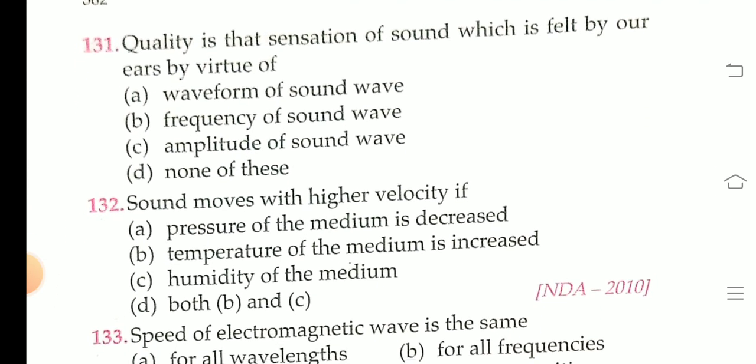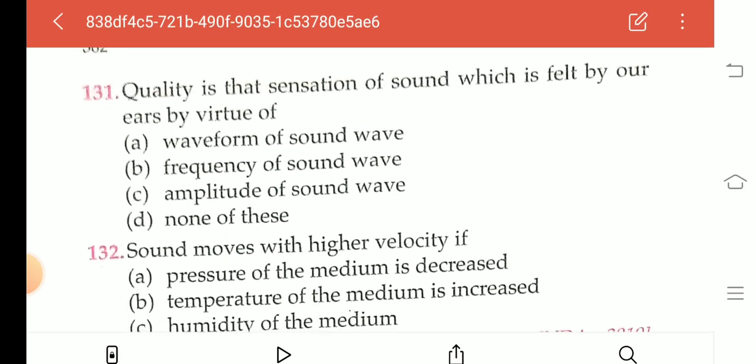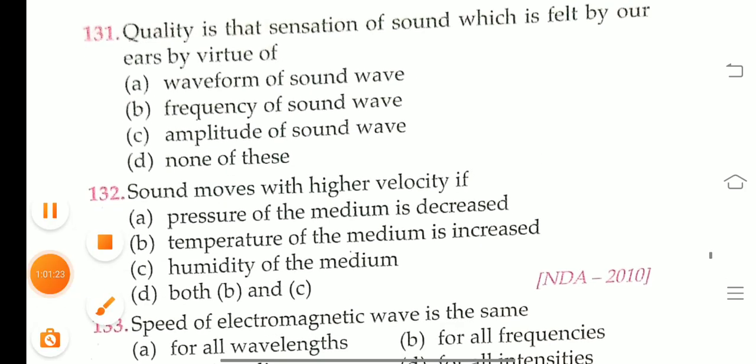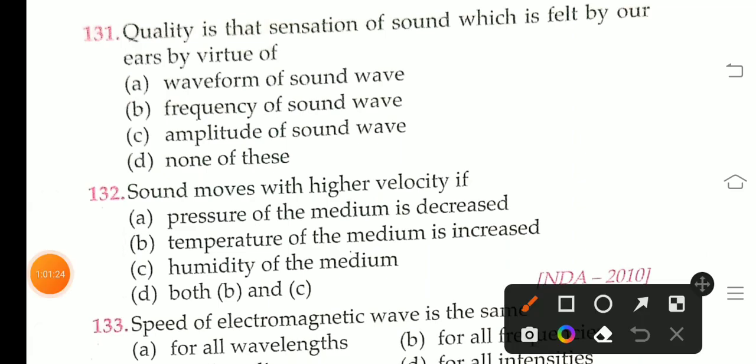Next, quality is that sensation of sound which is felt by our ears by virtue of. Right answer option A, waveform of a sound wave.